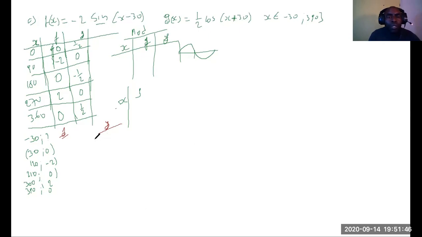Negative 30 will be a half, 1/2. And then if we add 90 there, we're going to have 60. 60 will be with a 0. And then 150.